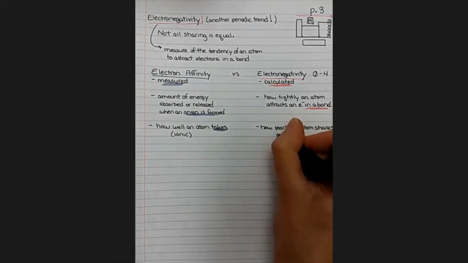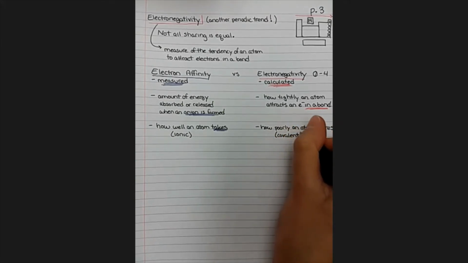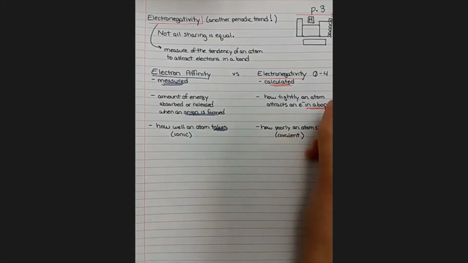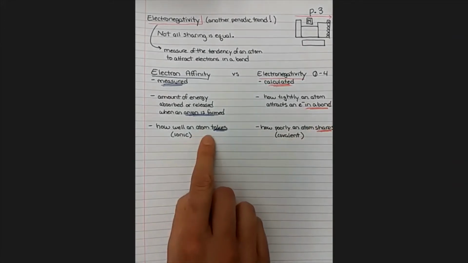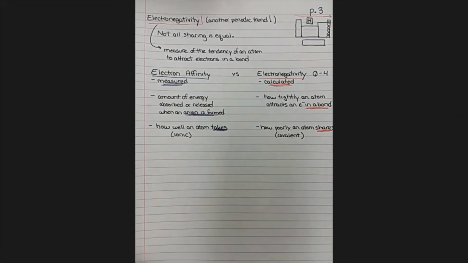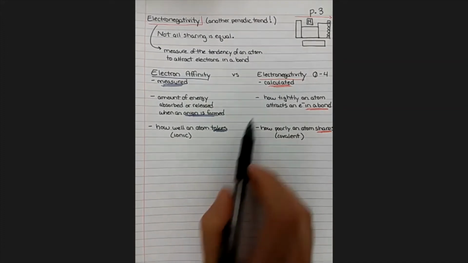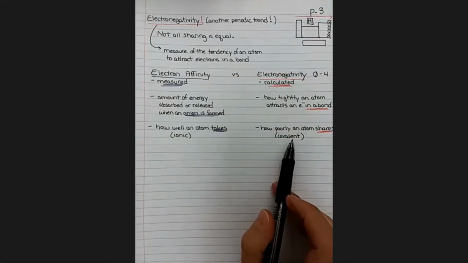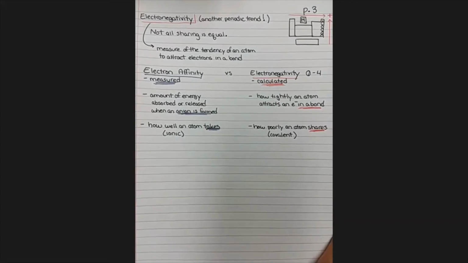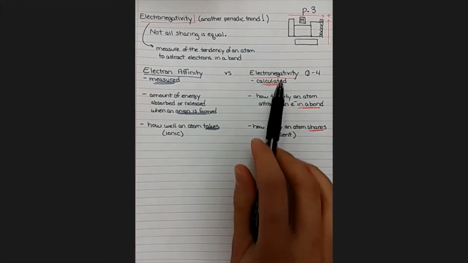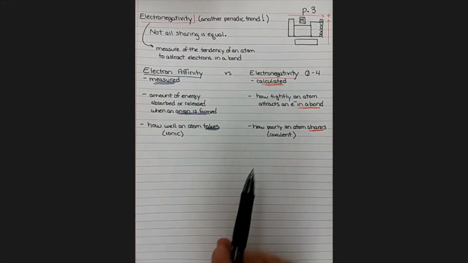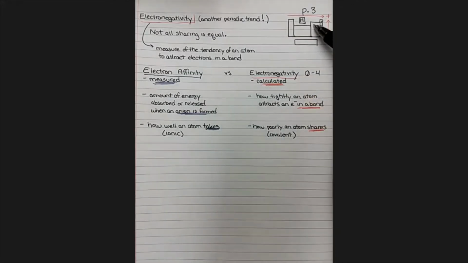And sharing was a property of covalent bonding. So very electronegative atoms do not share well, and atoms with a high electron affinity are really good at taking an electron from something. So this is really the major defining feature of how a covalent bond is different from an ionic bond: in a covalent bond, there is this sharing happening, and the amount of sharing is related to the electronegativity value of a particular atom.